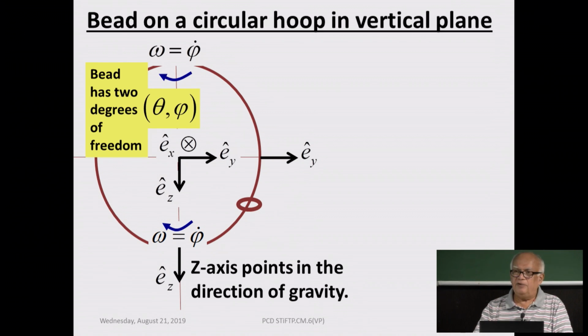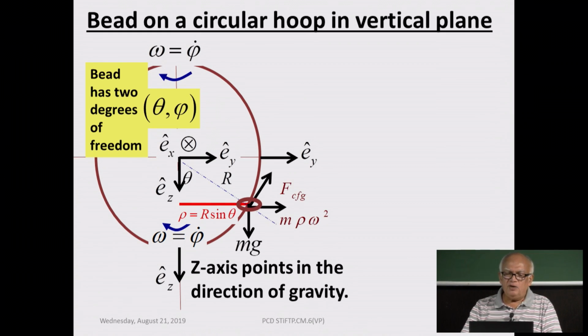Okay, so it is a right-handed frame, but it has got a z-axis which is pointing downward toward the earth. So this is the frame of reference that we will make use of, and you can write the centrifugal force, which is m rho omega square, and then try to solve this equation of motion by resolving the centrifugal force along the tangent and along a line which is orthogonal to that, which is along the radial line.